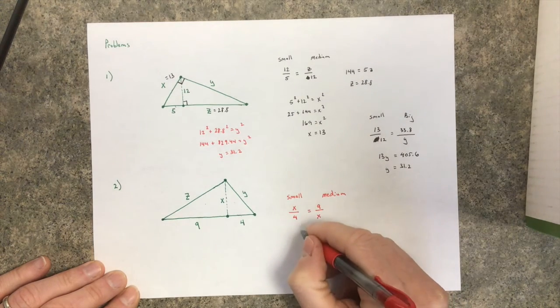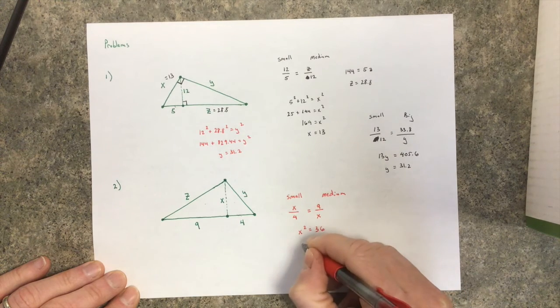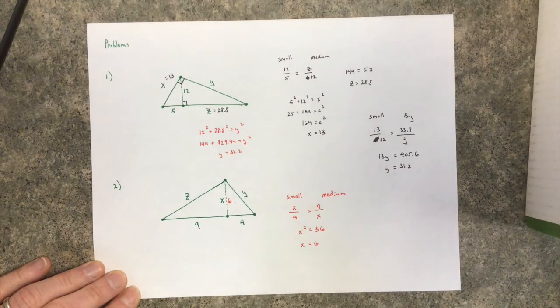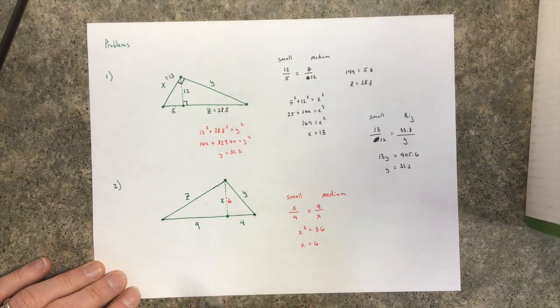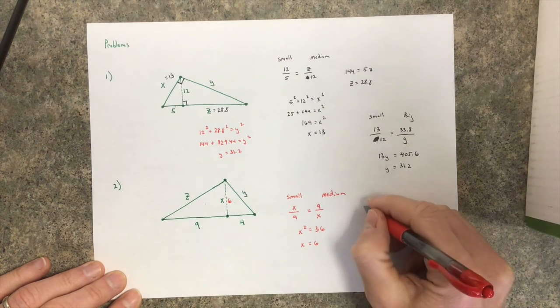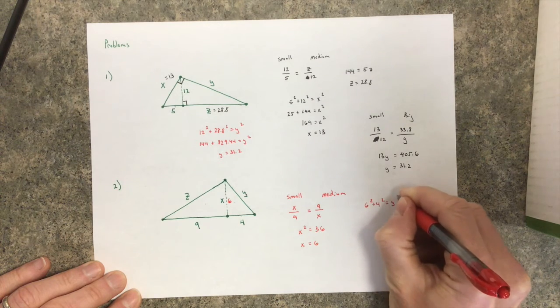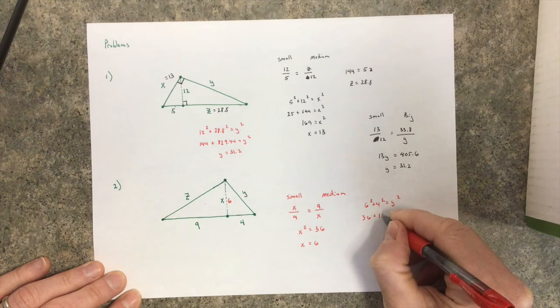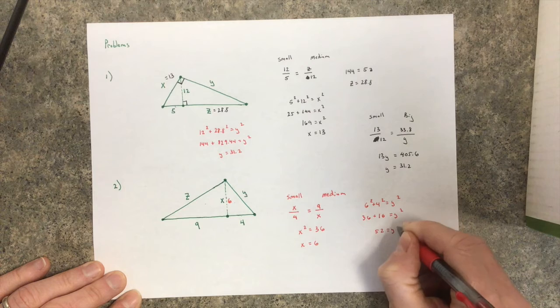Well, now I'm going to get x squared equals 4 times 9 is 36, and I take a square root and I get 6. And you're like, sweet, I know that value is 6. Well, if you know that's 6, then it's probably pretty easy to find y, because I can just use the Pythagorean theorem. 6 squared plus 4 squared equals y squared. 36, 16, 52 equals y squared.